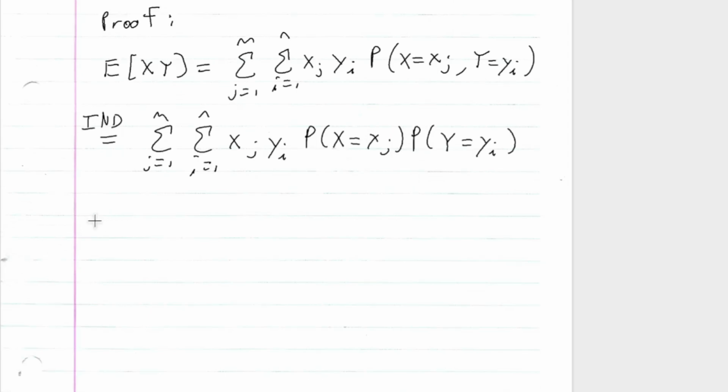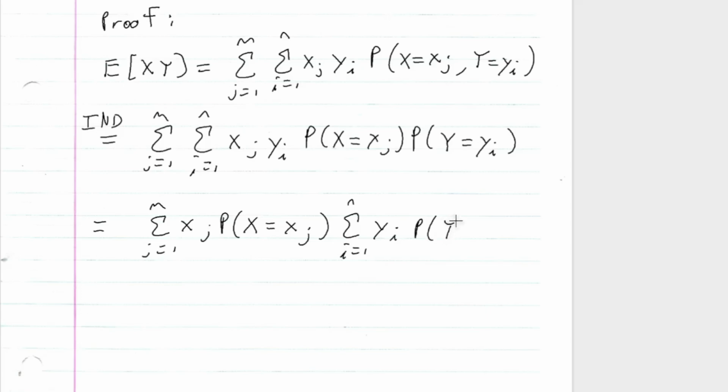And then, of course, I can rearrange this as the sum from j equals 1 to m of x sub j times the probability that x is equal to x sub j, times the sum from i equals 1 to n of y sub i times the probability that y is equal to y sub i.